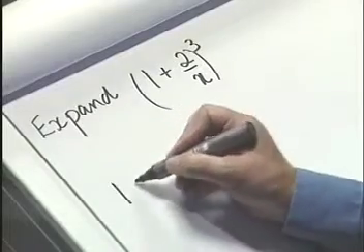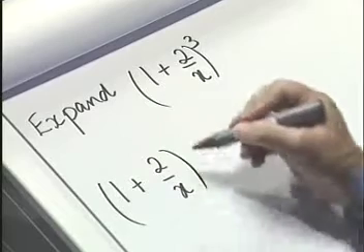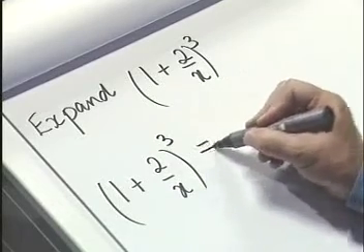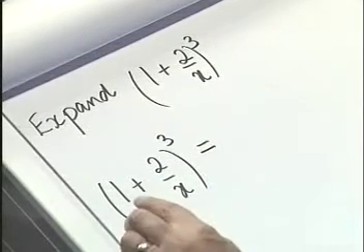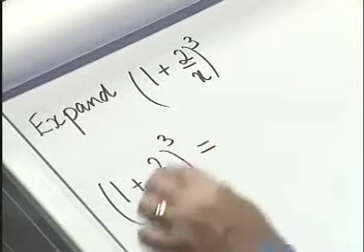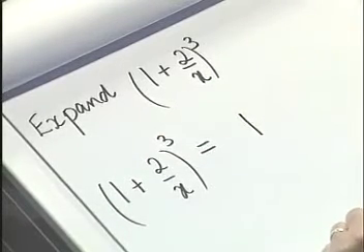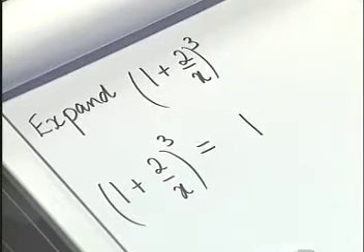Let's see what happens. One plus 2 over x to the power 3. Well, we start with 1 raised to the highest power, which is 1 to the power 3, which is still 1. And 1 to any power will still be 1 as we move all the way through the calculation.